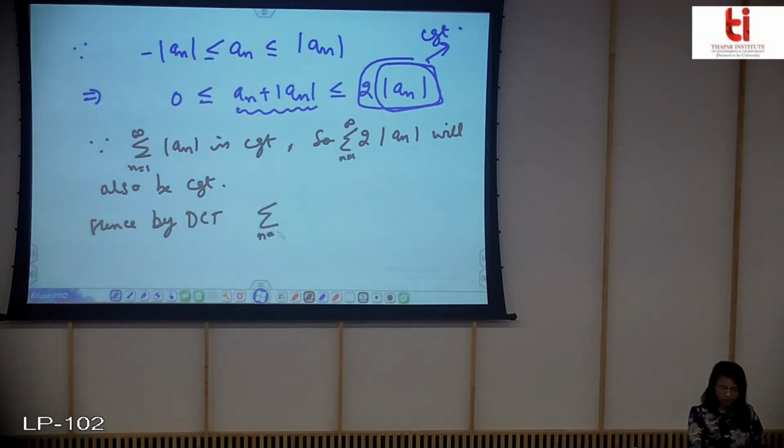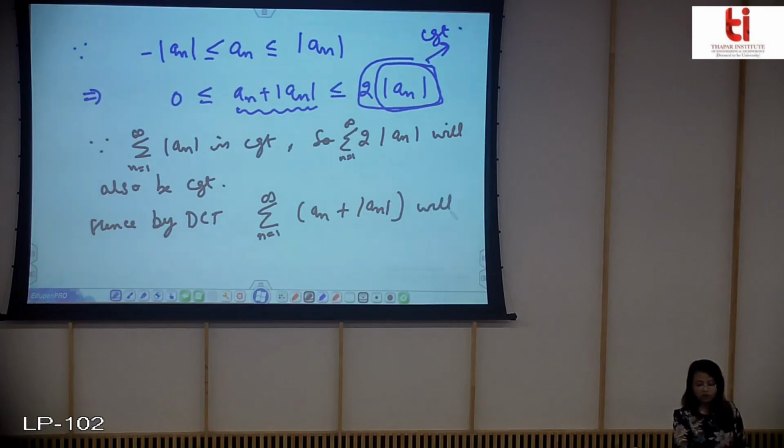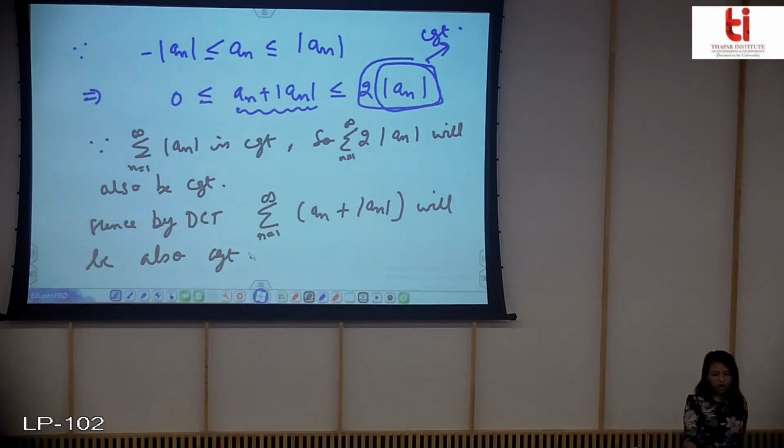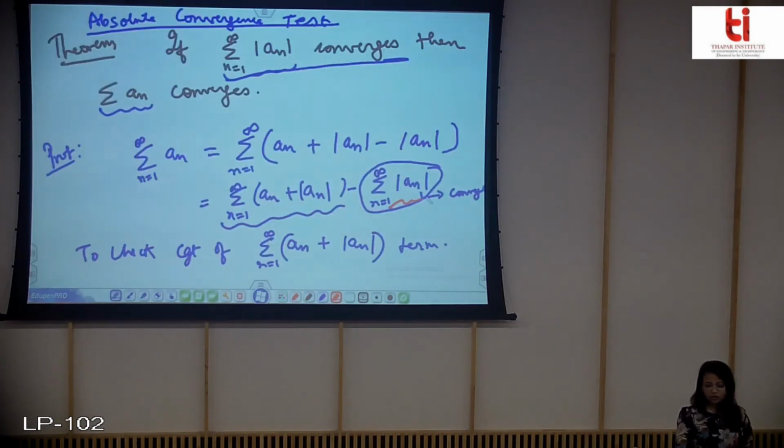Now you have found that this is convergent and this is convergent, which is already given. The subtraction of two convergent series is also convergent, and hence the sum of an is also convergent.